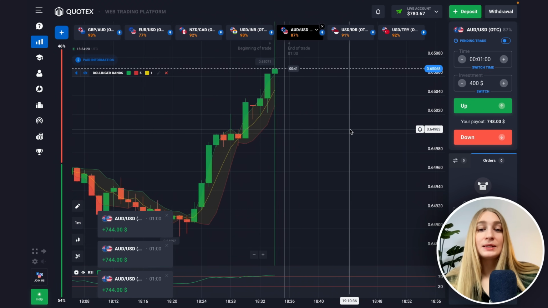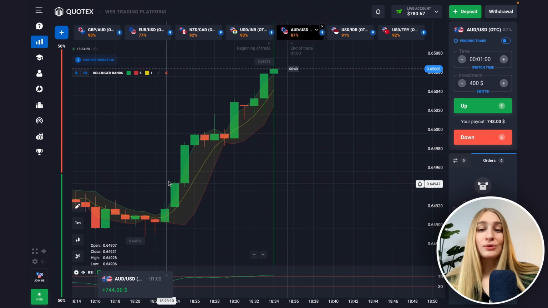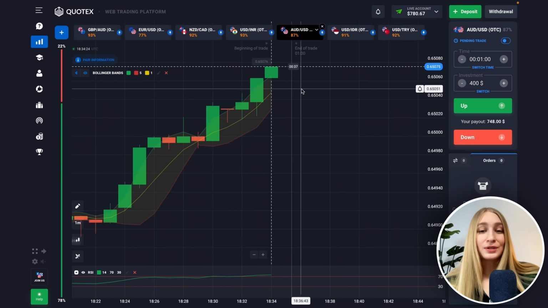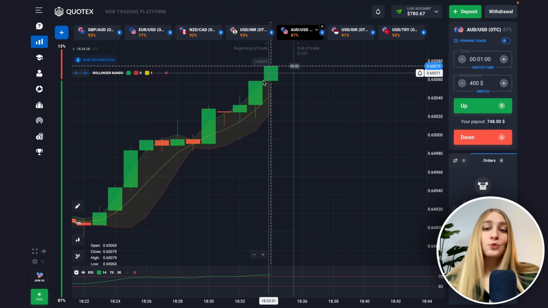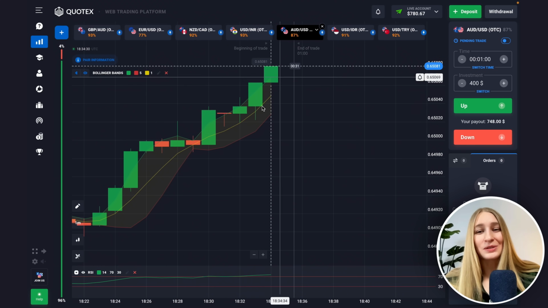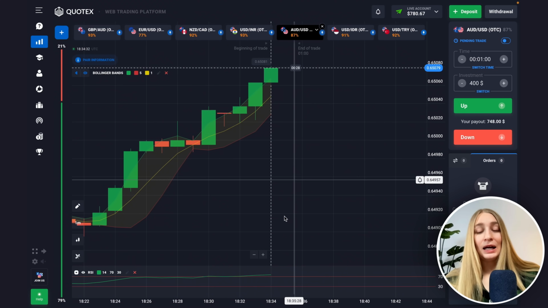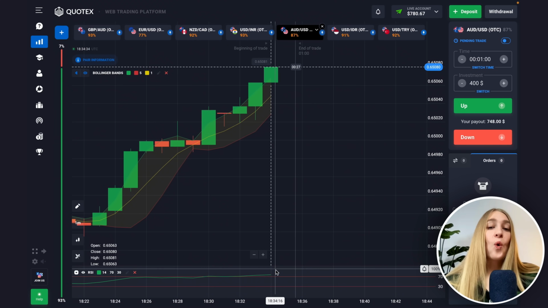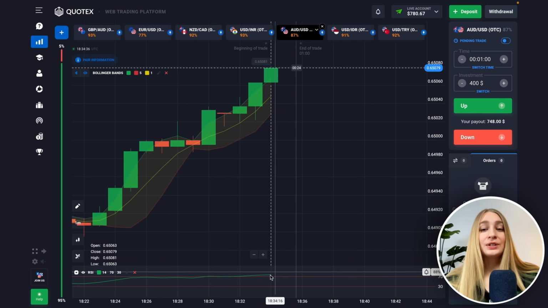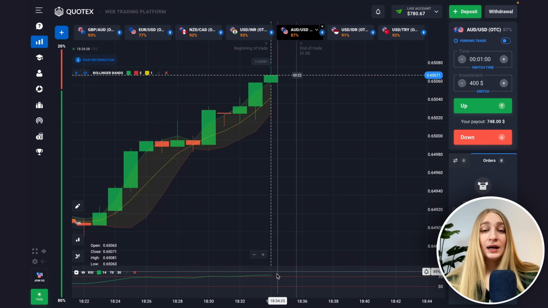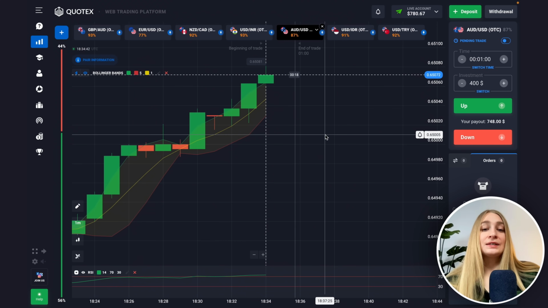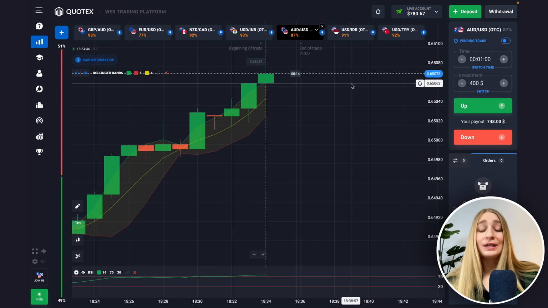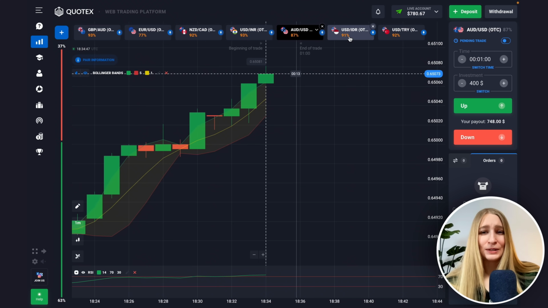And again, it was a pretty good example of how I can trade with this strategy, because it is a 100% excellent and profitable strategy. You see that all the candlesticks are on the green line of Bollinger Bands. All three lines of Bollinger Bands are going up, and also RSI is in the overbought area right now, and it's not going down.